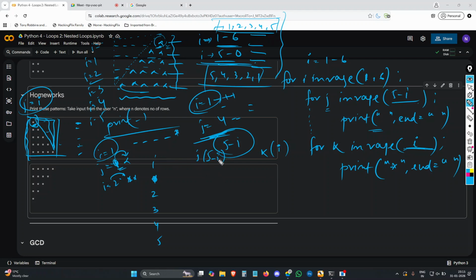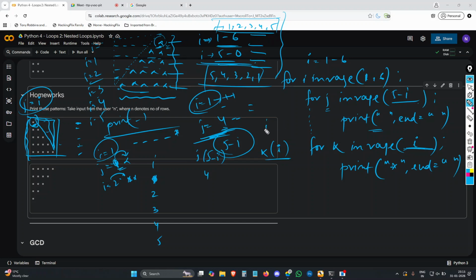All right. So my J is 5 minus I that I have taken, to be compatible with this, because I need four spaces. So 5 minus I, J is 4. And what is the range of K? K is I, right?